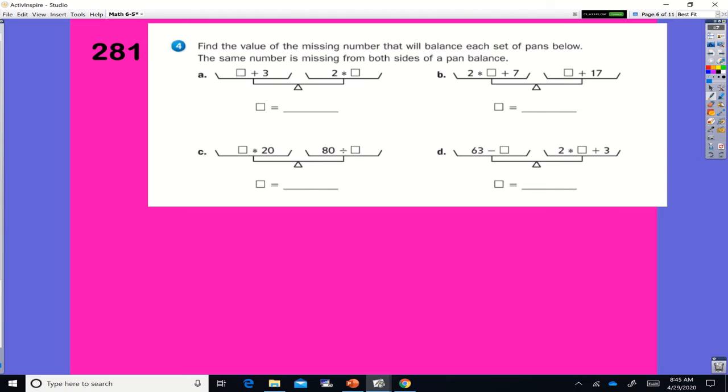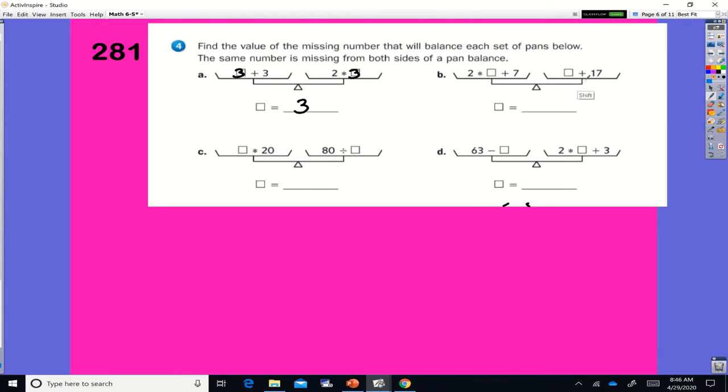If I'm looking at this, I'm thinking in my head, okay, addition and multiplication go hand in hand. 2 groups of what is going to give me, oh, if I did 2 groups of 3, that would both equal 6. So 3 plus 3 is 6, 2 times 3 is 6. So our box is going to equal 3. Sometimes you may need to play around with it too.